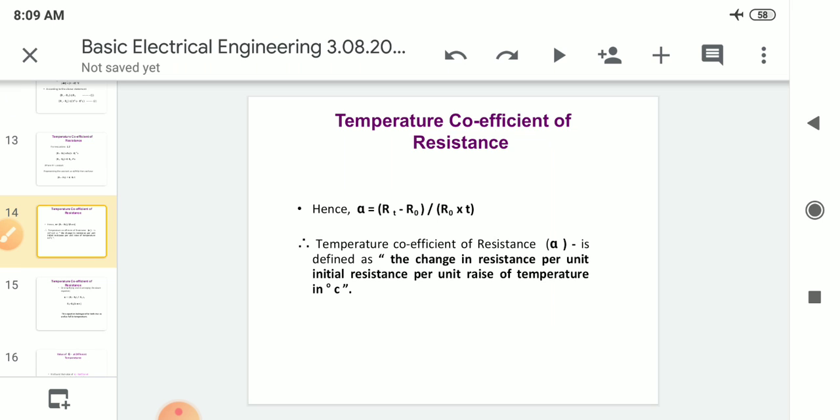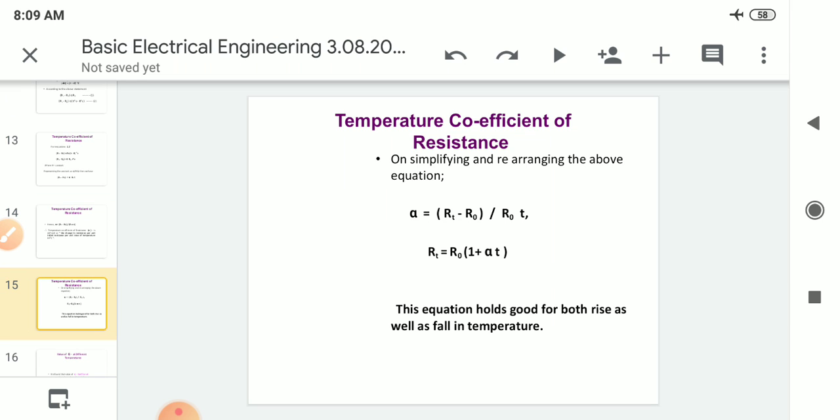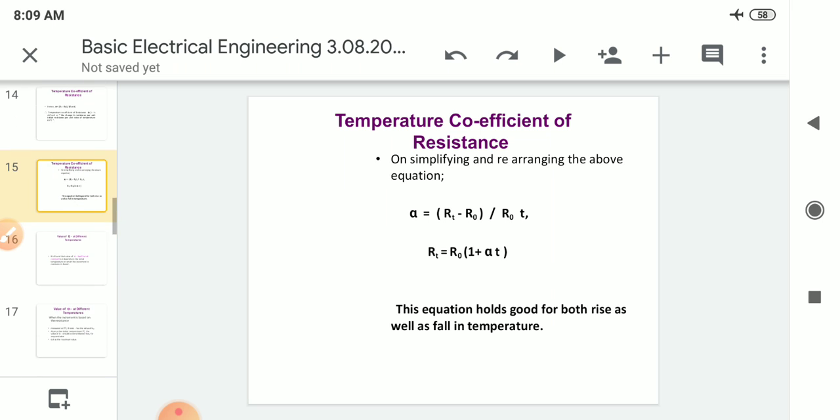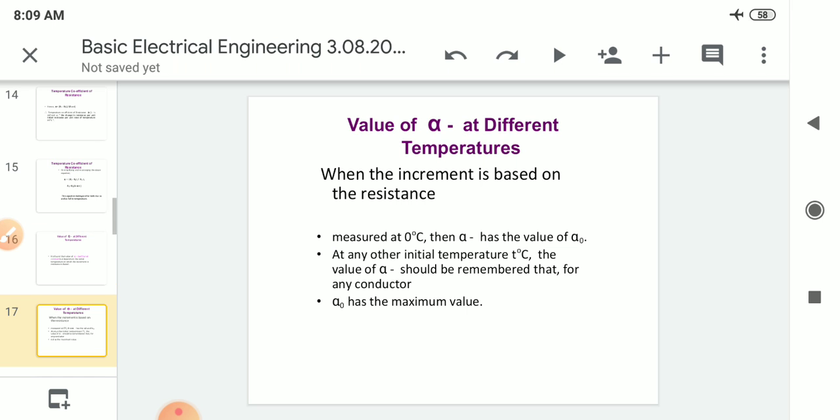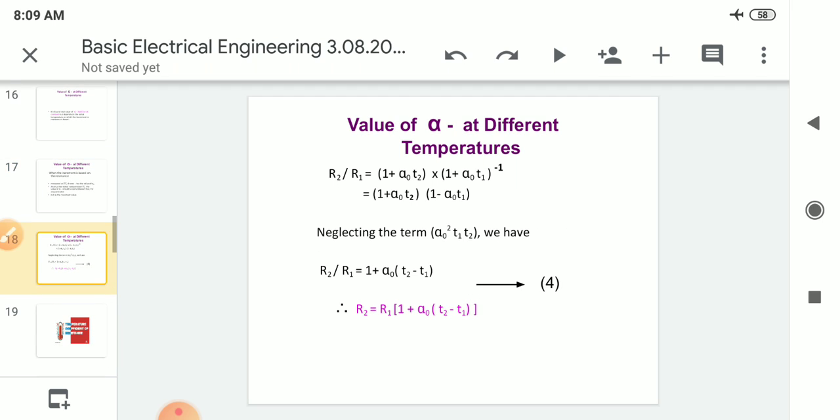This is the final equation. Every time we are using this equation only. RT is equal to R naught into 1 plus alpha T. Alpha is the temperature coefficient of resistance.